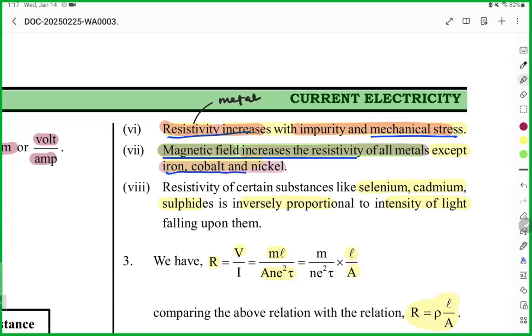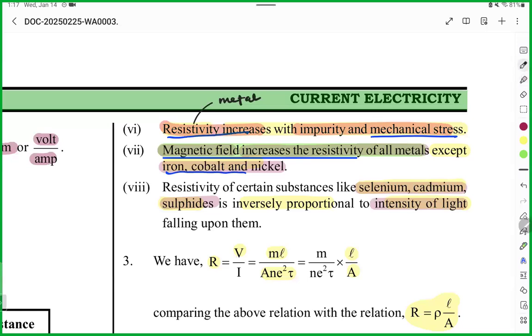Next, for selenium, cadmium sulfide, it inversely depends upon the intensity of light. It means if you increase intensity, then current will be more. If current is more, resistivity will be less. Logically, it should be like that only.